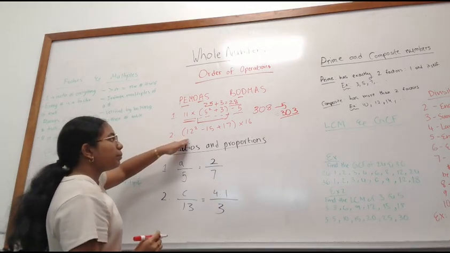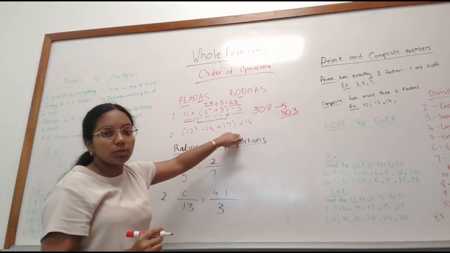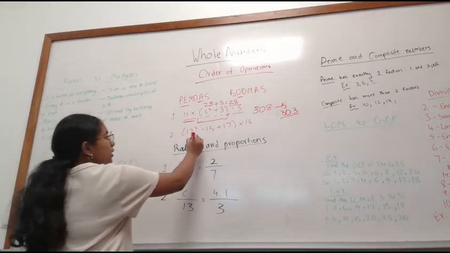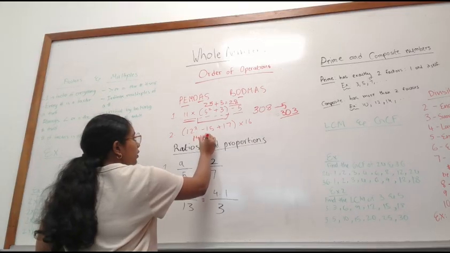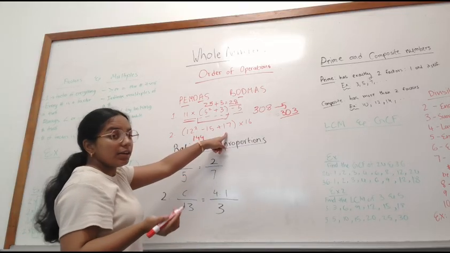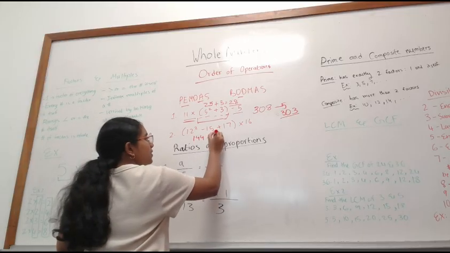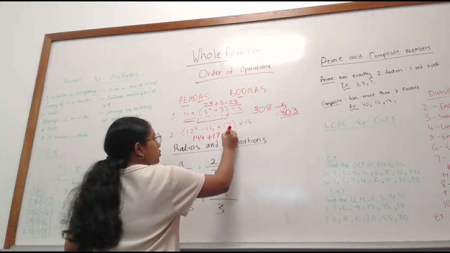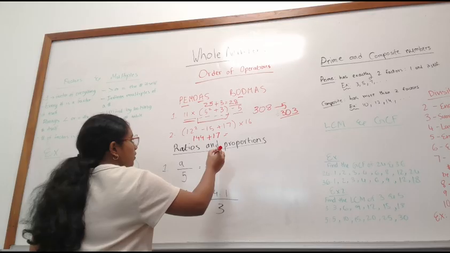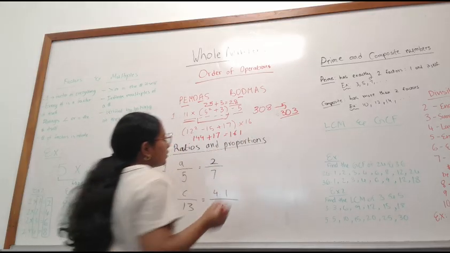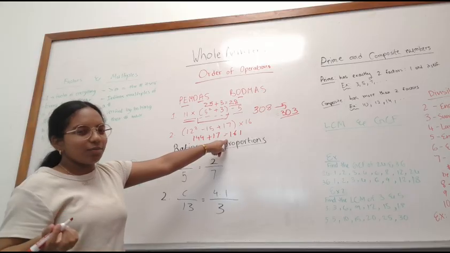In this case, we have a big number in the bracket. So you always start with the bracket, and then you do exponents first. So in this case, it's 144, and then you can add first, right? Addition is before subtraction. So add 17, which is, I think it's that, hopefully.